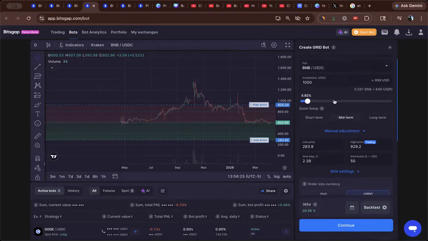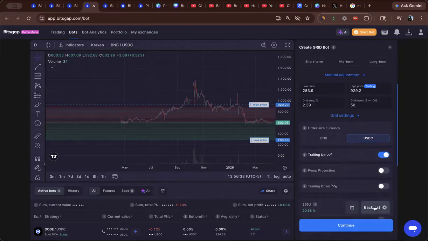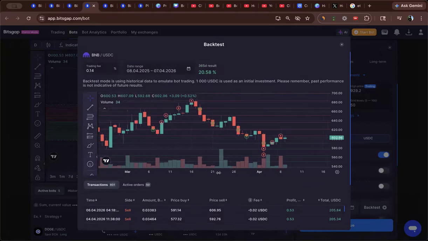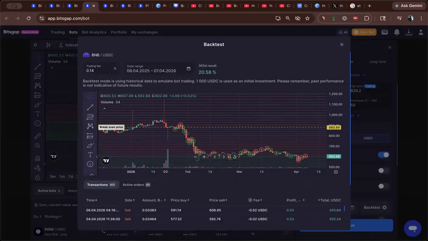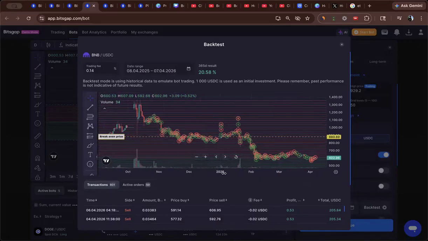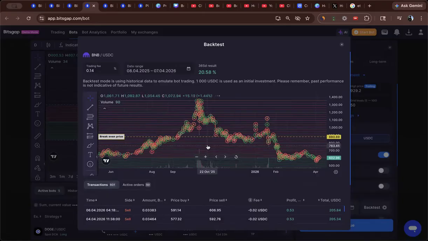All the settings are the same, $1,000 to start out with, the range being the exact same, and pump protection taken off. You can see with this lower volume pairing, it's going to give you more of those illiquid wicks on the upside and on the downside, and the grid bot will take advantage of both ways.